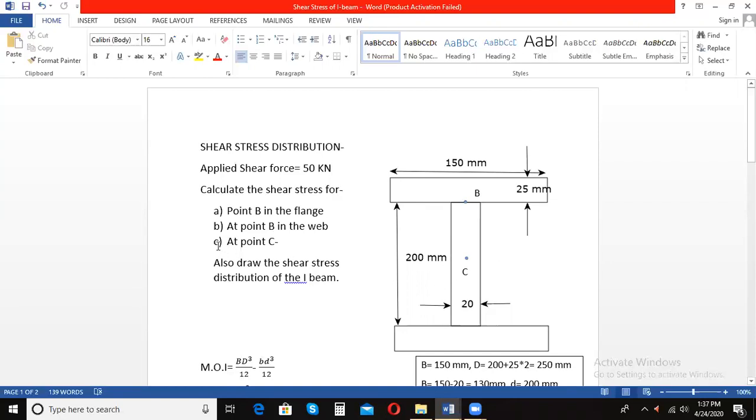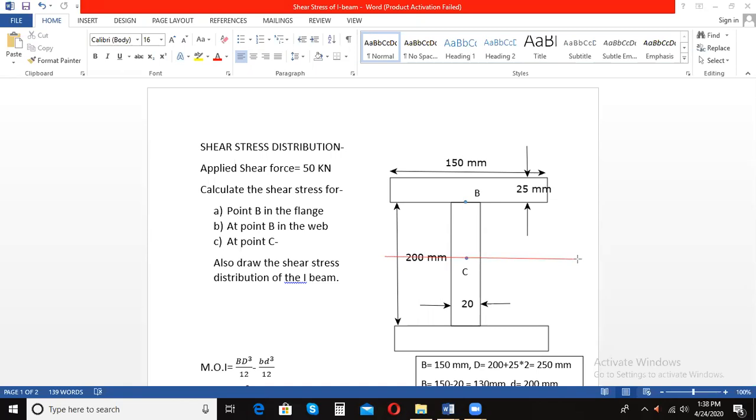And then we have to calculate the shear stress at point C. Point C is just at the center of this I-beam, which means that point C is passing through the neutral axis of this I-beam. This is the neutral axis.